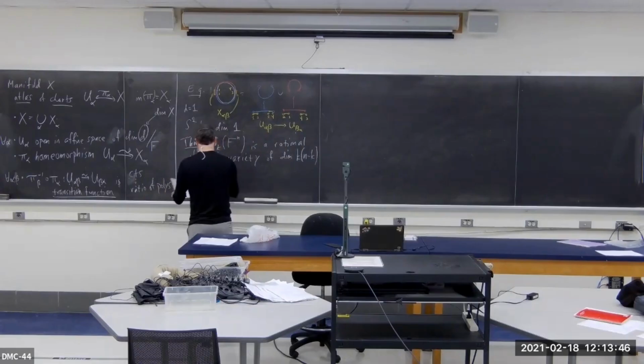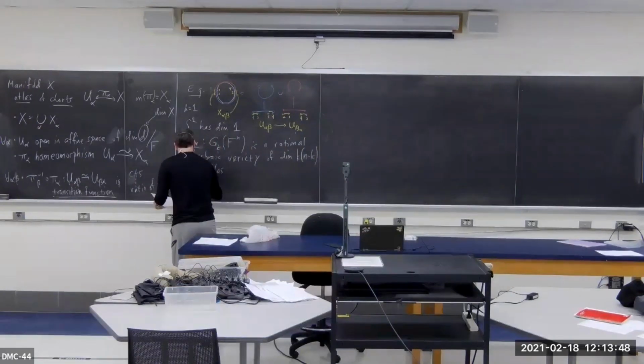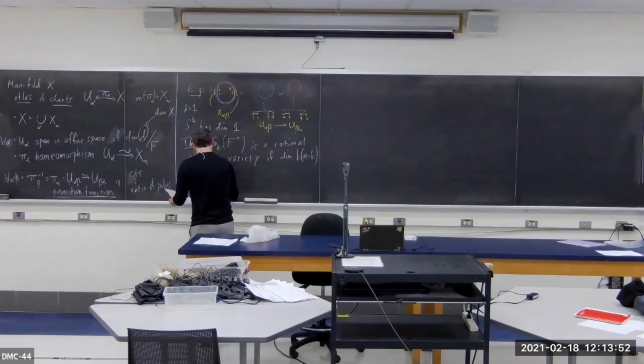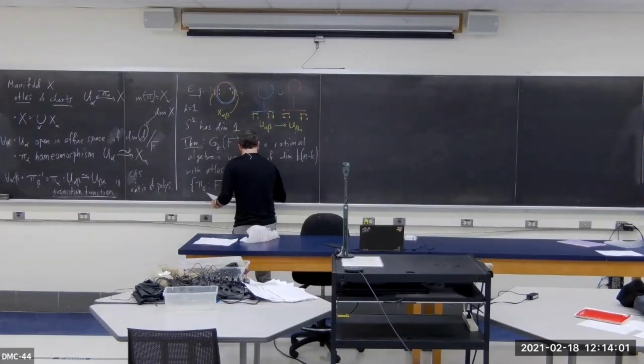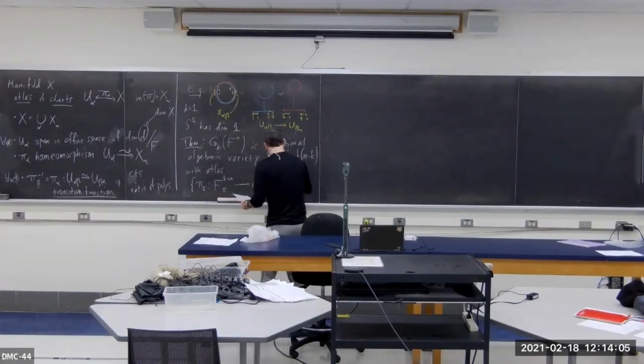With the atlas, let's say it's going to be pi sigma, and that's going to map F to the k by n sub sigma mapping to the Grassmannian, such that sigma is a k-element subset of 1 through n.